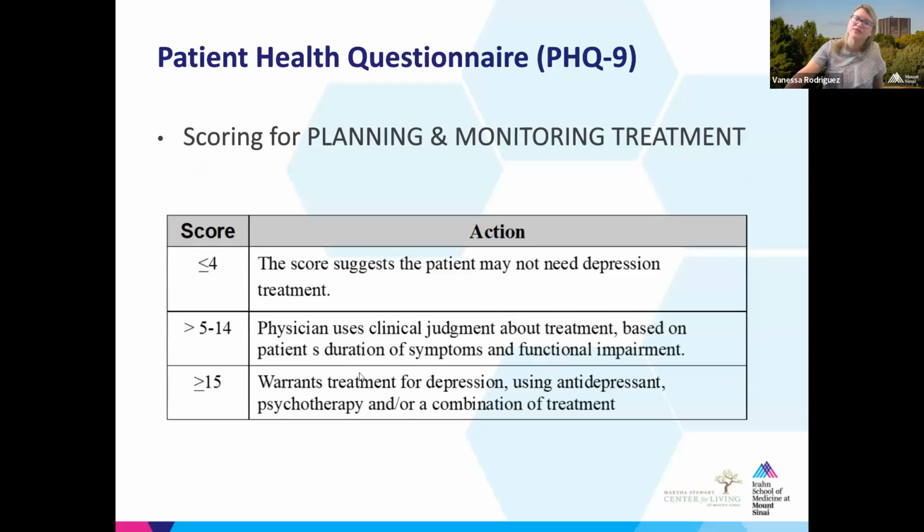And this is how you can think about planning and monitoring the patient. I think one of the values is that it's a good tool. If you start therapy, you can longitudinally use this tool to see if a person is responding to therapy. It has been shown in research that it is helpful for this purpose.